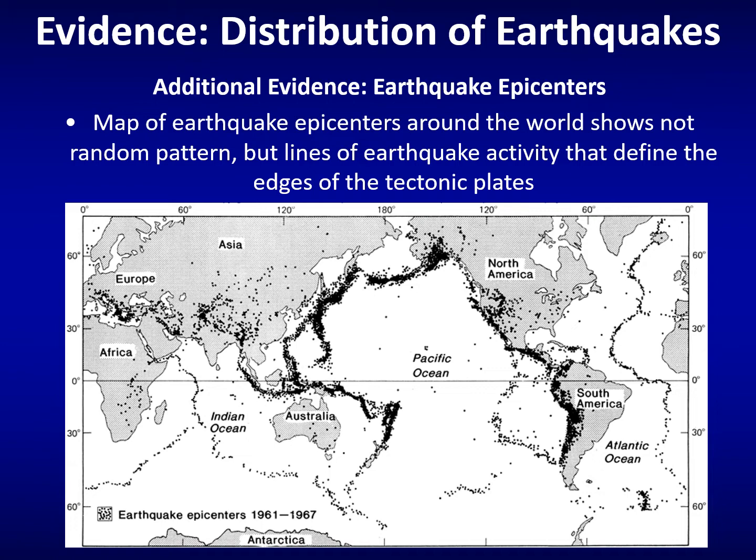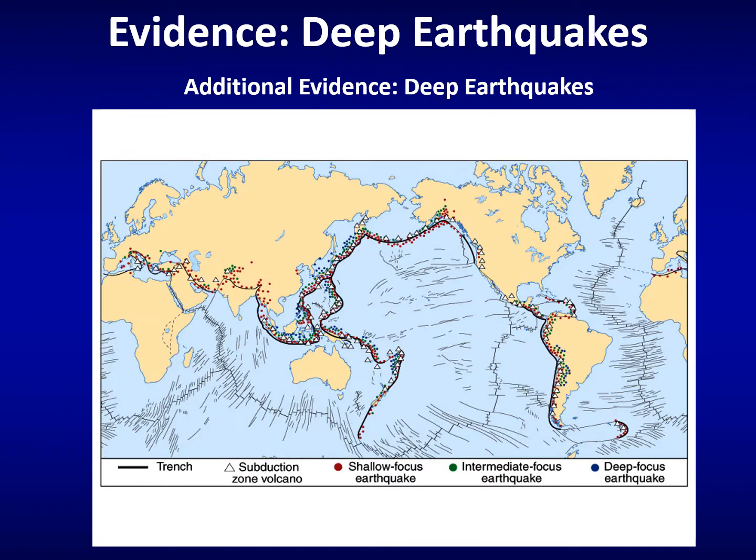If you look at the earthquake epicenters from 1961 to 1967, you note that they have a pattern that indicates that they are part of the edges of tectonic plates. Also, if you look at the depth of earthquakes, you note that the shallow earthquakes are nearest the edges of the plates, and if you get further down to the deeper earthquakes, they actually move off beyond the plate boundary.